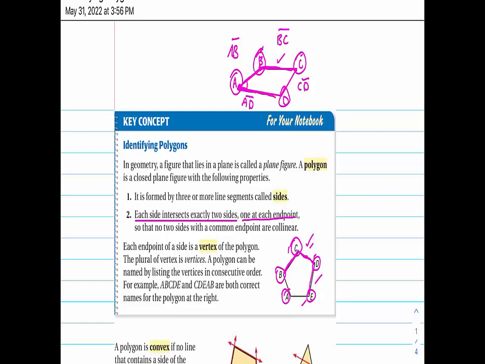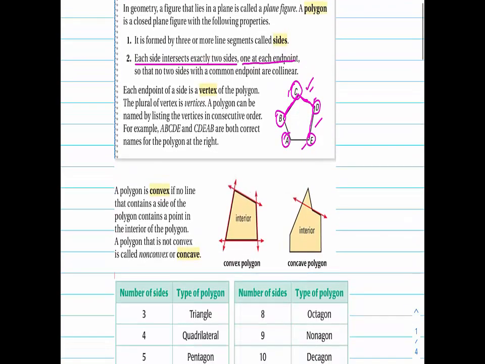Now, what we want to do, once we get the definition of these polygons, we want to classify them. Now, broadly speaking, we're going to talk about convex and concave polygons. Now, here is an example of a convex polygon, and here's an example of a concave. Now, here's the deal.